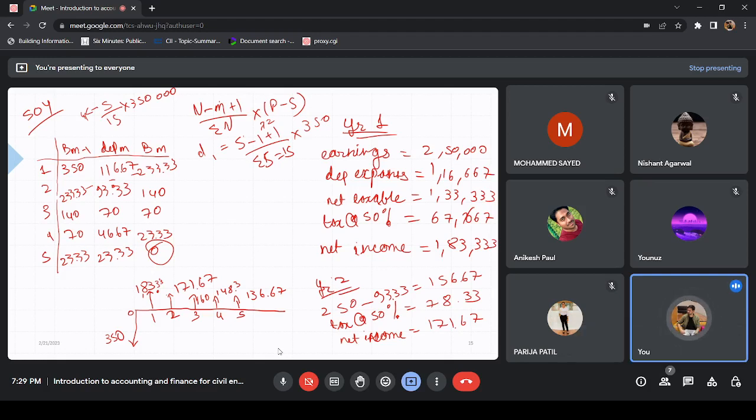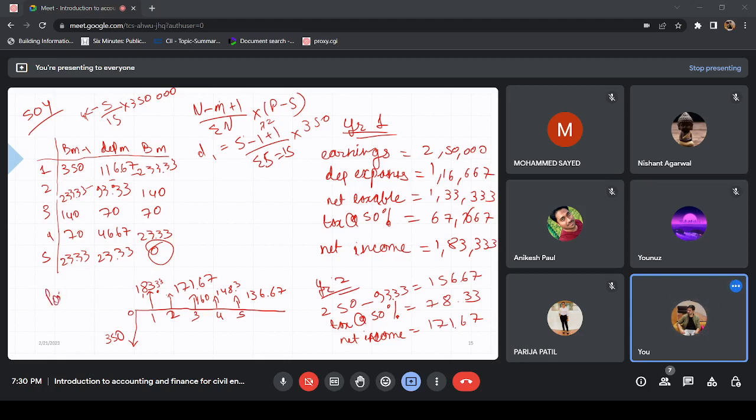Are you getting the same post-tax cash flow? Hello sir. Yeah, ma'am. Sorry, I got disconnected. No issues. Sir, can you explain me that sum? Okay, so let me finish this part. Yes sir, sure sir.